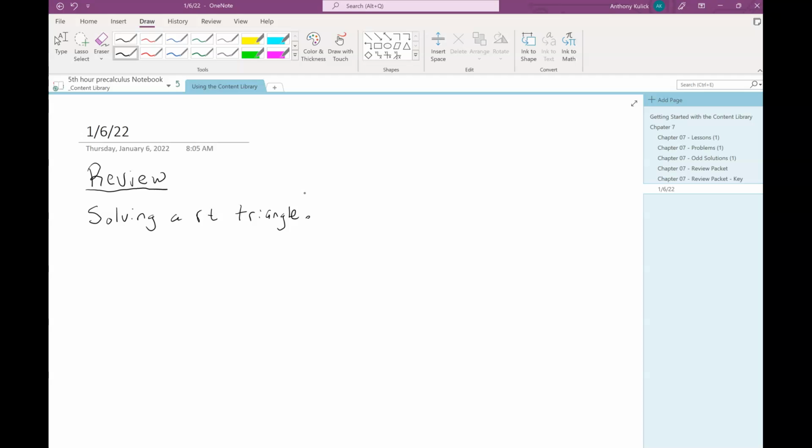So let's think back to our geometry course and think about some of the tools that we had available to us to use with right triangles. What are some things that were true that we could do with right triangles? I know I'm asking a lot because it was a long time ago.